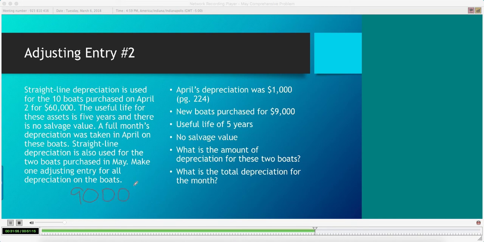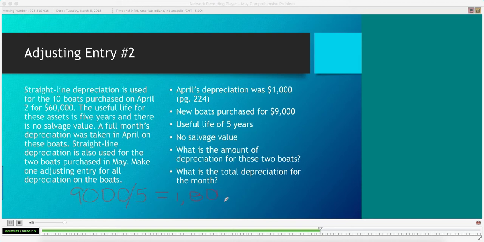So we would have our 9,000 divided by 5, which is, I believe, 1,800. Gives you 1,800. Whew, I got horrible penmanship.